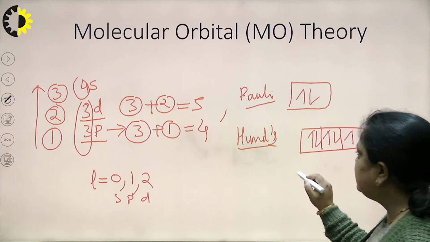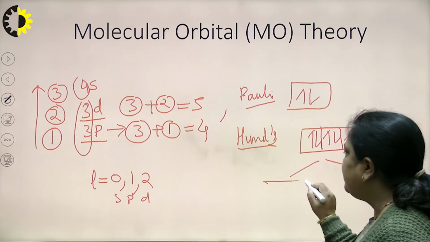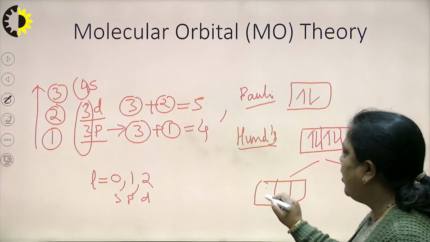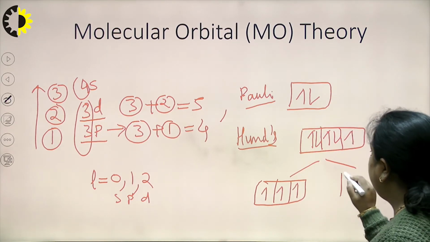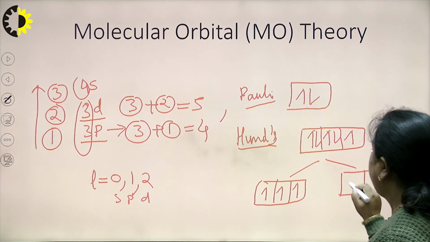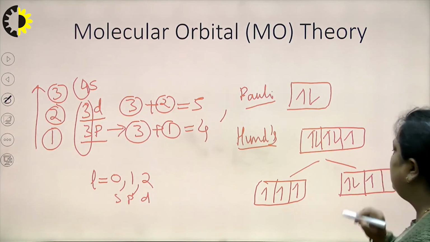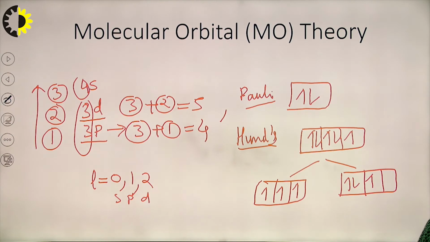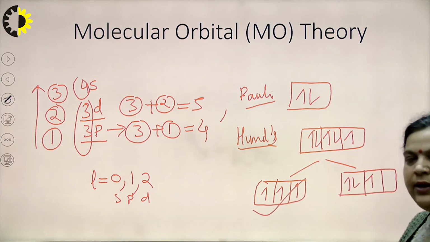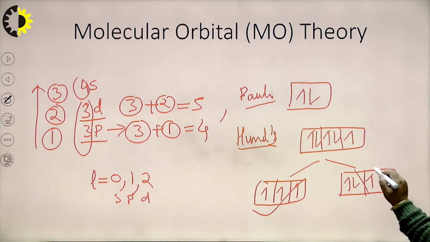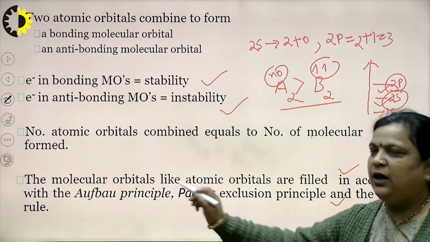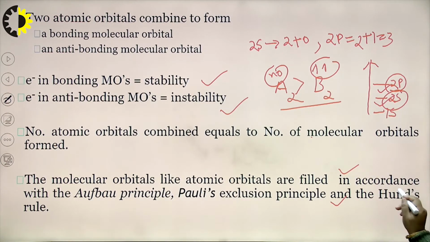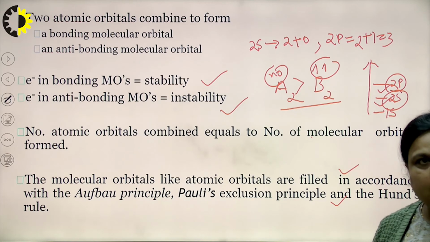It means in case of 3 electrons, there are 2 options: 1, 2, 3, and the second, 1, 2, 3. As per Hund's multiplicity rule, first singly and then pairing, that is, this type of orientation is possible, not this. So, I think these 3 are clear: the Aufbau principle, the Pauli exclusion principle, and Hund's multiplicity rule.